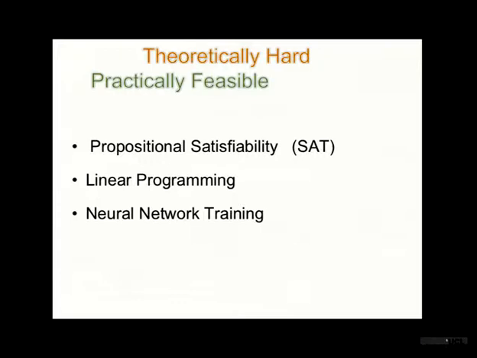Another problem is neural network training. We know that neural network training is supposed to be NP-hard, but people are doing it routinely. And the problem that I'll focus on is k-means clustering. Again, we know that it's NP-hard, yet it is being solved routinely. We want to understand how come it is being solved in practice when it's hard in theory.